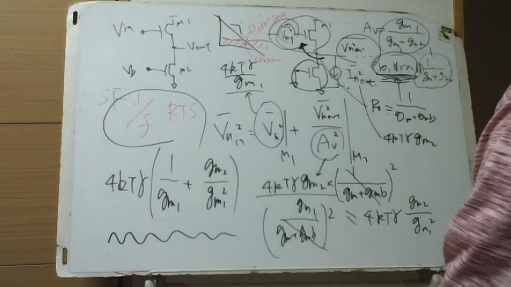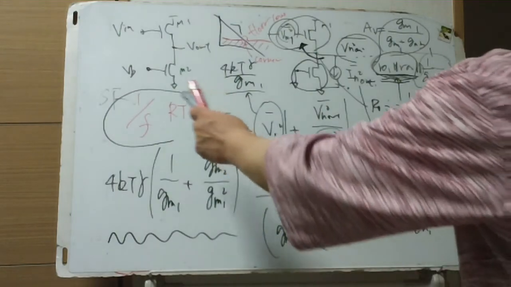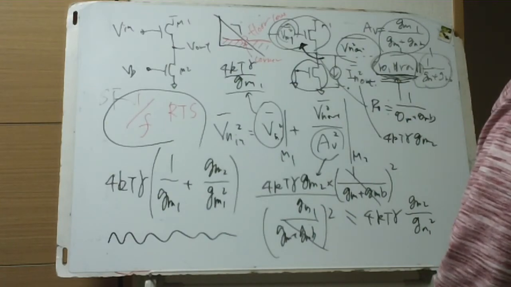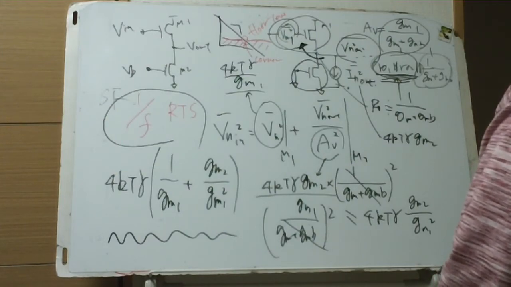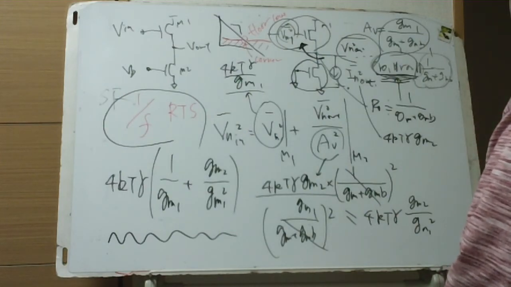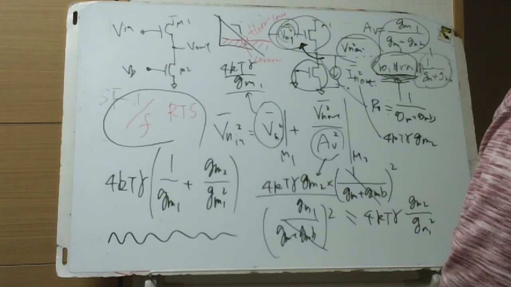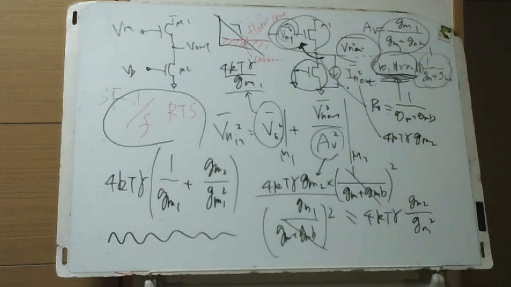So 1/f noise for source follower, to study just a little bit again next, but it's a problem, and there's no solution. That's all for today. Very long for a simple theme.